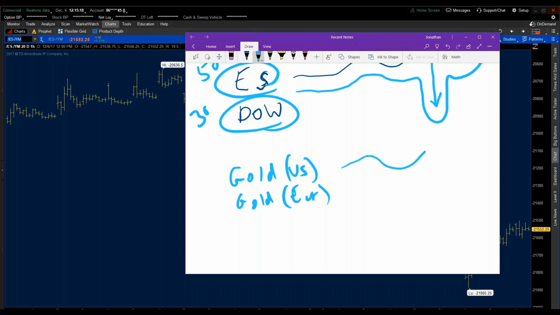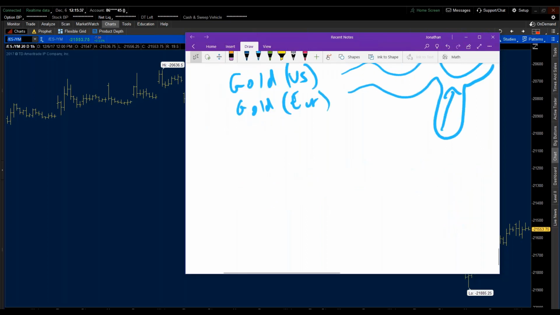Those are going to be really, really correlated. If one gets out of line, heck yeah, it should get closer together. There's no reason that gold shouldn't be trading the same price as gold. But when you're using indices, S&P and Dow, they're correlated, but they're not correlated like gold versus gold, right? Their correlation might be 70%.